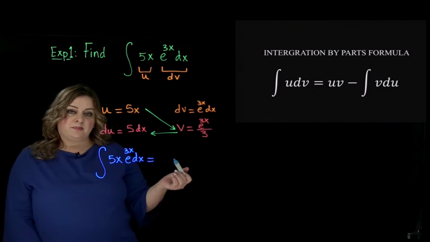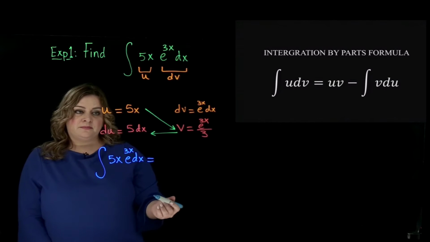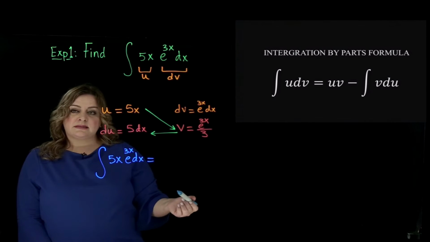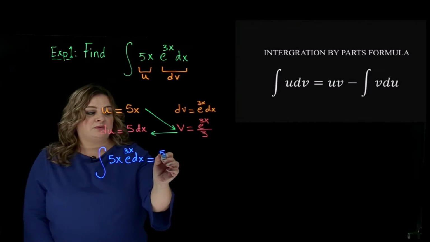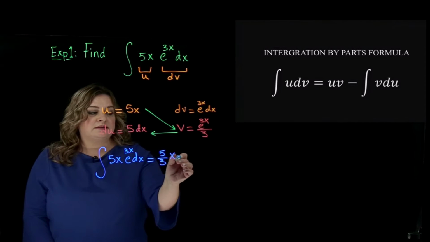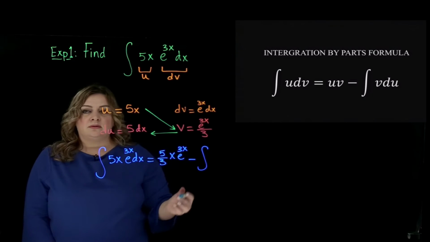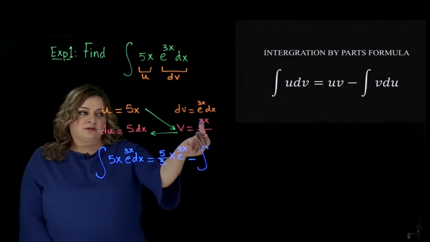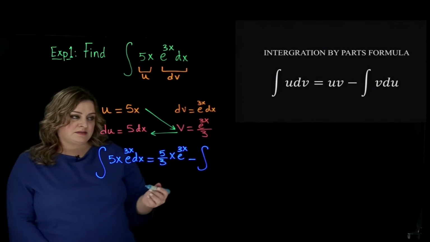Applying the integration by parts formula, the first term is u times v. u is 5x, v is e to the 3x over 3. So this is going to be 5/3 x e to the 3x minus the integral of v du. v is e to the 3x over 3, and du is 5 dx.